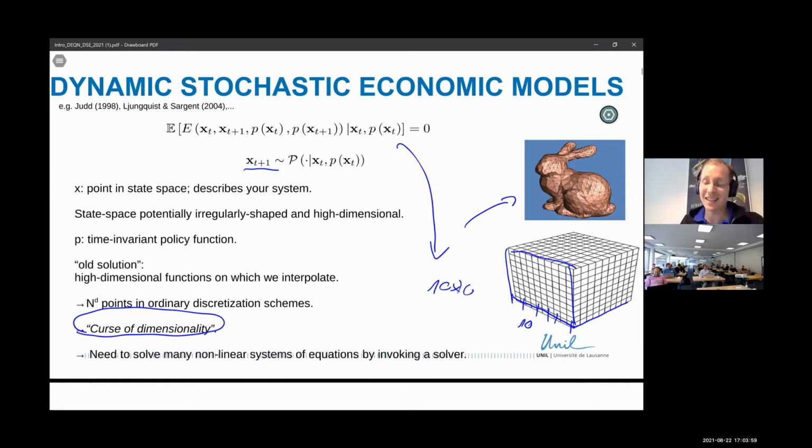This also faces the curse of dimensionality, but on top of that, most polynomial-based approaches require a tensor product construction. So they require you to work on a hypercube. But if you cannot map your model on a hypercube, you're also lost.